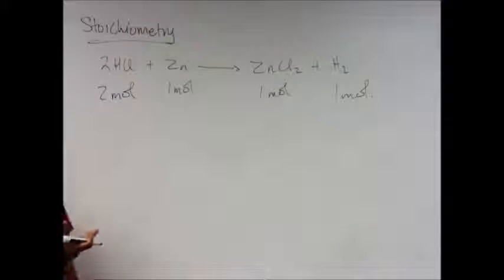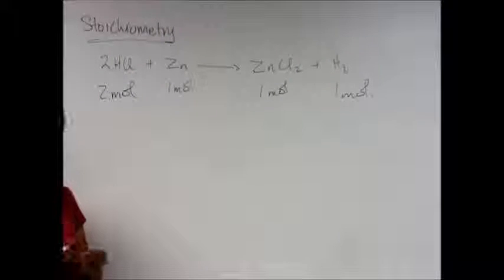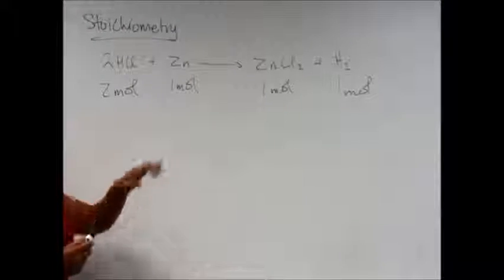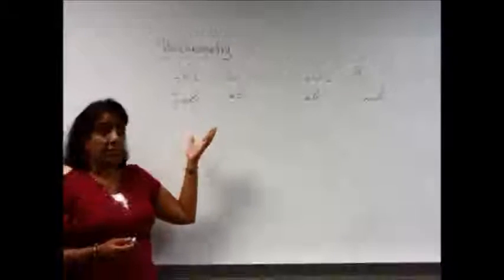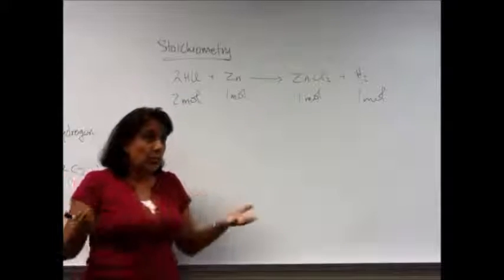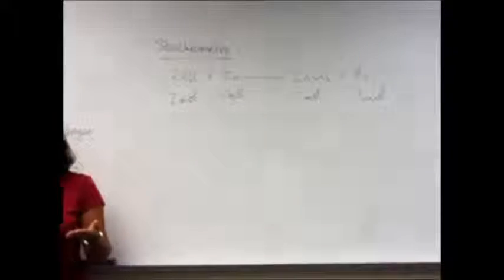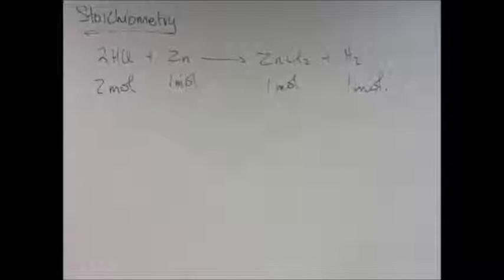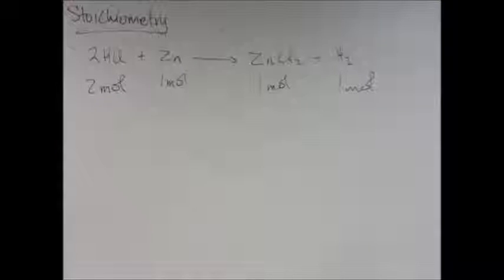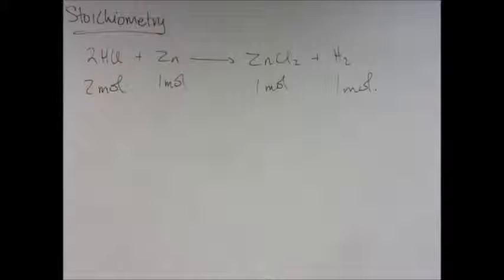We have to do calculations. And again, remember, you cannot go to the lab and weigh out 2 moles, can you? No. There is nothing like weighing out 2 moles. So you have to convert everything into grams, and you know how to do that now because you know the periodic table. From the periodic table, you figure out how many grams everything has, and then you calculate from there.